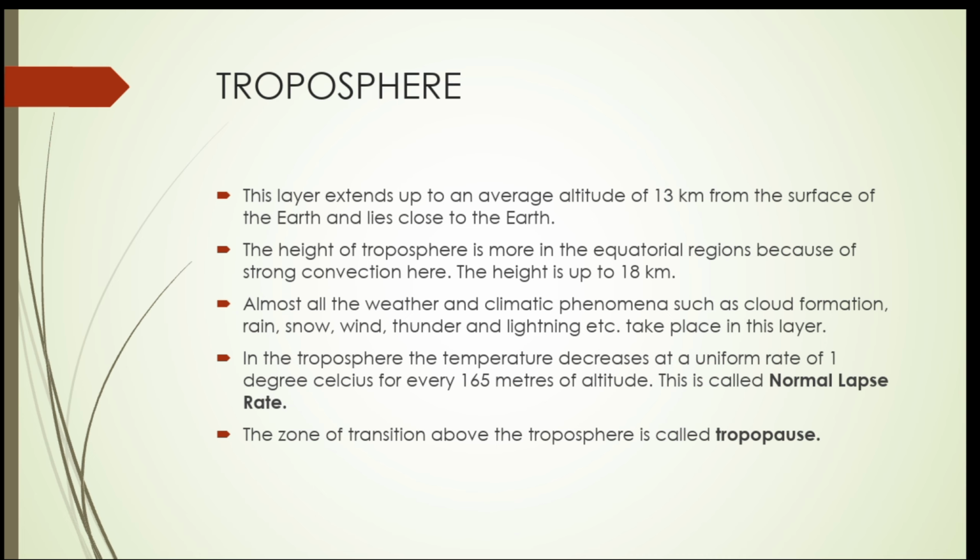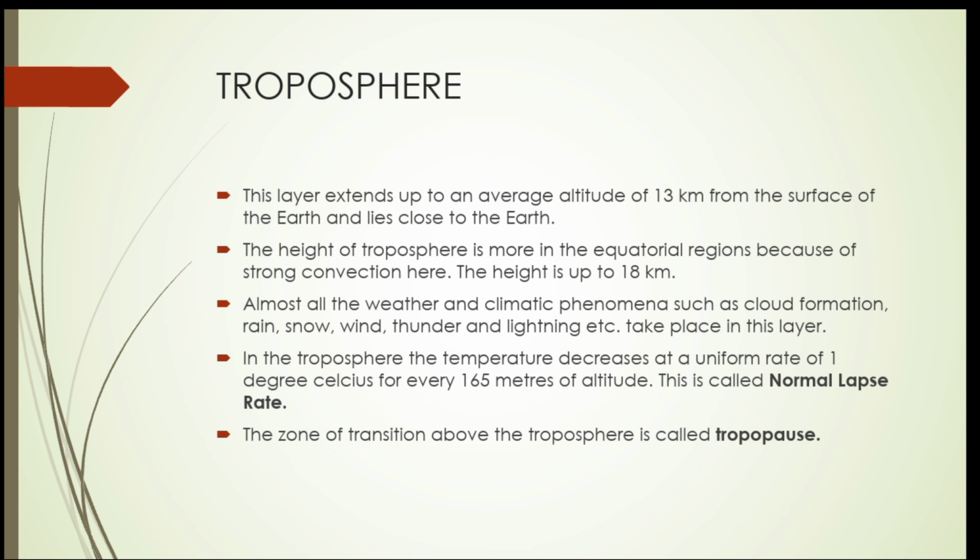Troposphere also exhibits another characteristic, that is the normal lapse rate. It is that the temperature in this layer decreases at a uniform rate of 1 degree Celsius for every 165 meters of altitude. This is called normal lapse rate.